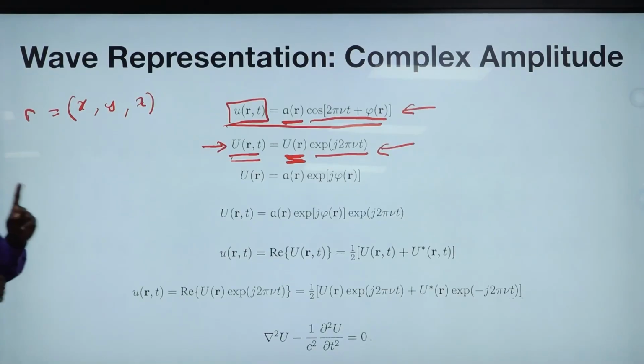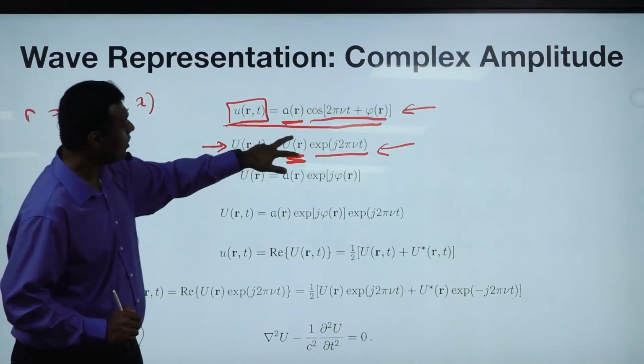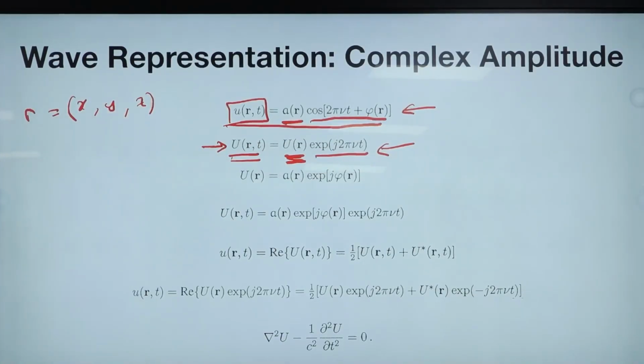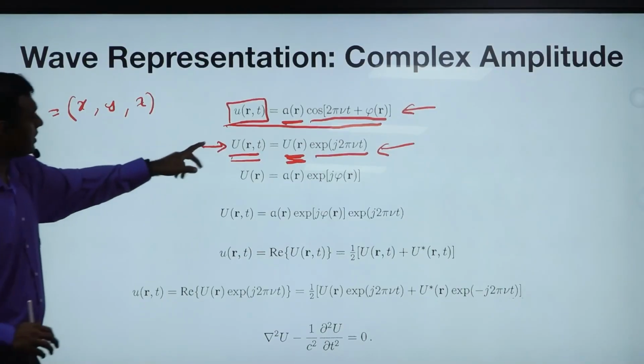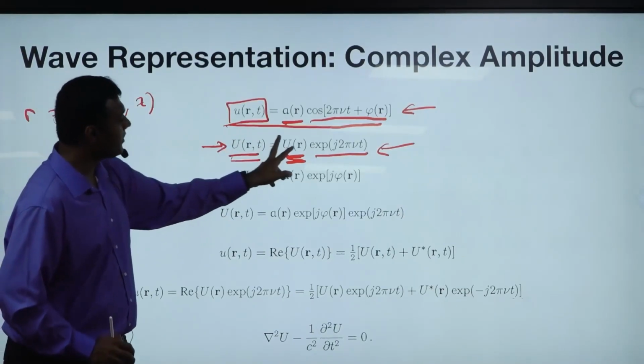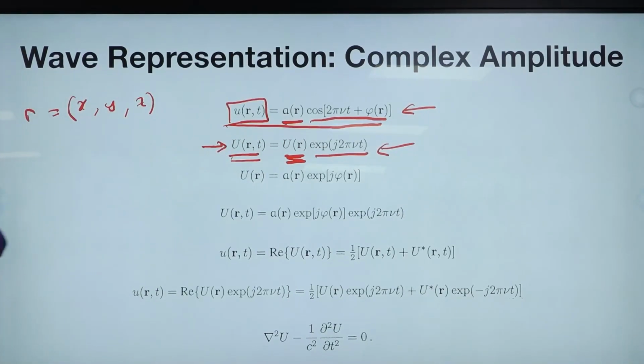One of the useful things you can see directly from this equation is, it's U of r times e to the j 2 pi nu t. This is a function of both space and time, decomposed into something which has space and something which has time. It's separating the space part and the time part. The time part, if it's one frequency, is always just a rotating complex number.